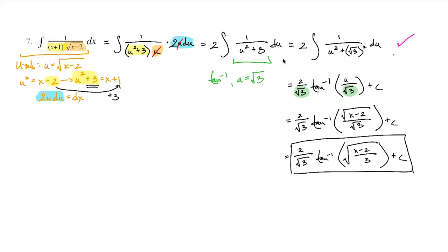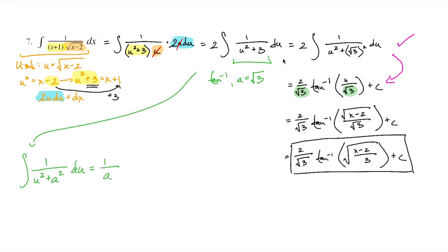Is your question how do you get to here? Yeah. Okay. The arctan formula, let's write that over here. If you have 1 over u squared plus a squared, it's going to be 1 over a arctan of u over a, plus c.